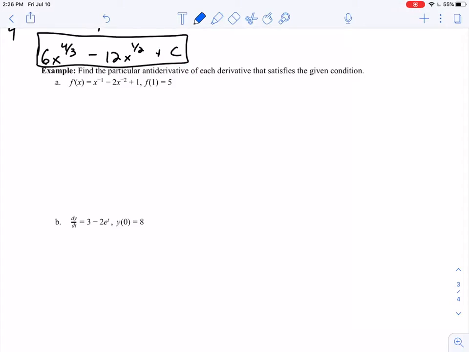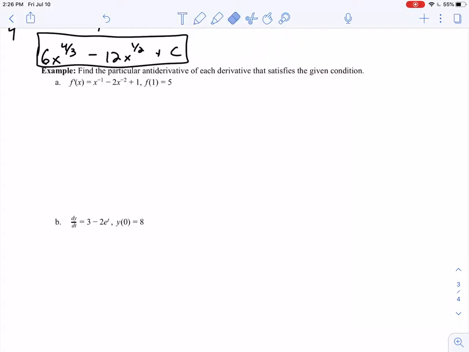There's infinitely many solutions. And if you were to graph a bunch of them and say, okay, plus 1, plus 10, minus 2, what you would see is the same graph just translated up and down, just kind of moved up and down, and that is the family of antiderivatives. There's infinitely many of them.